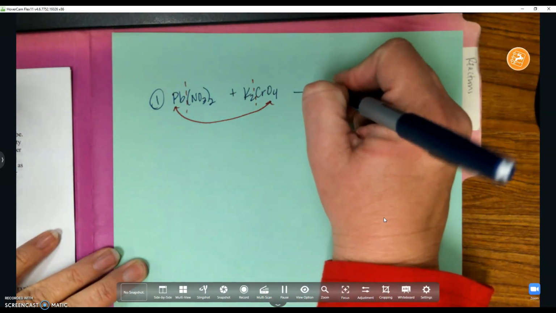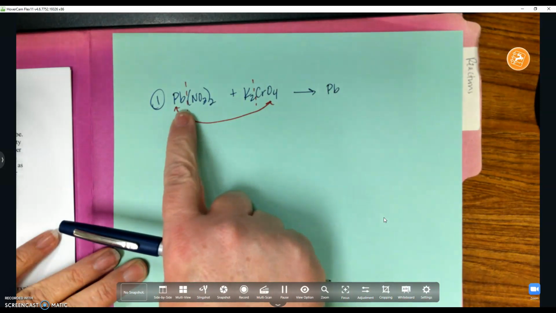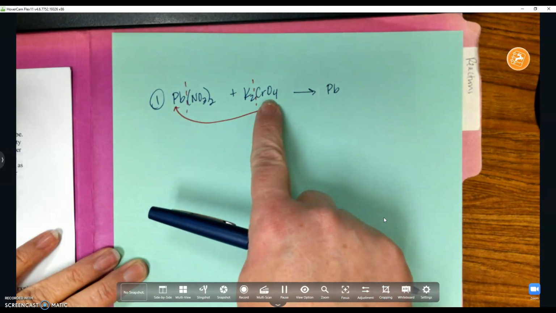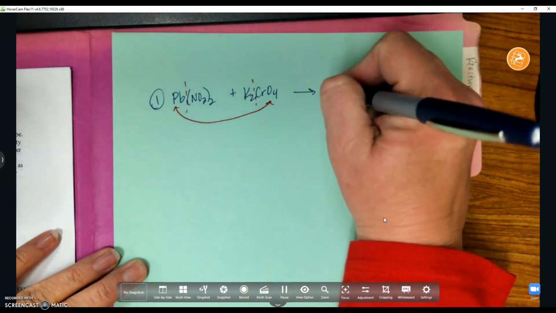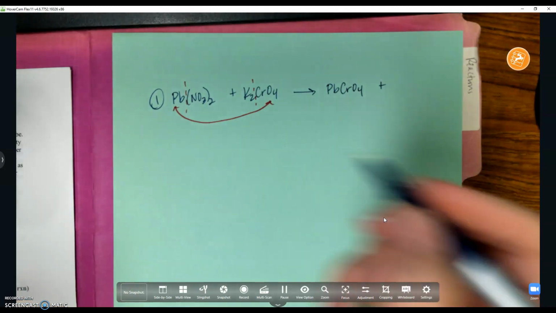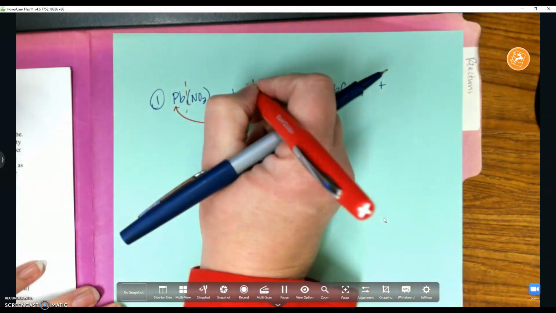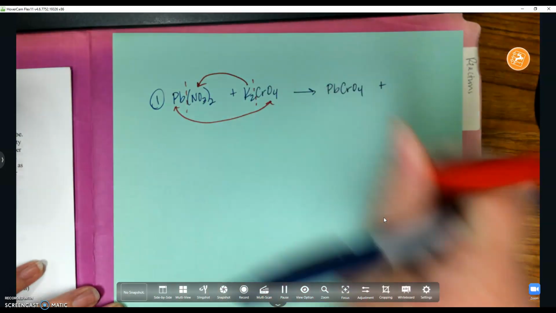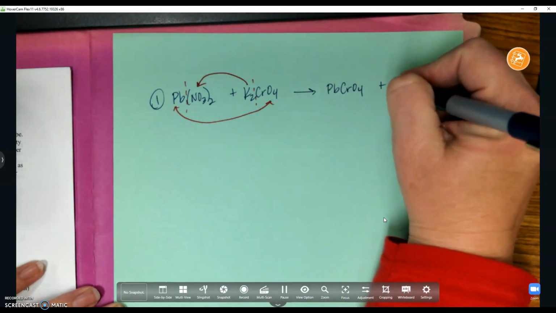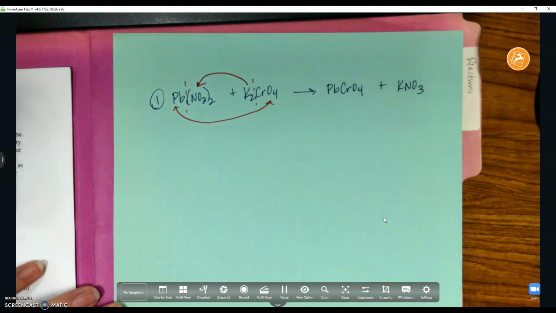So it's going to be Pb, which we know is positive 2 because it has 2 nitrates here, and we know that chromate is negative 2, so that's going to be PbCrO4 plus, and then we take the inside ions and form the other compound, which is going to be KNO3.